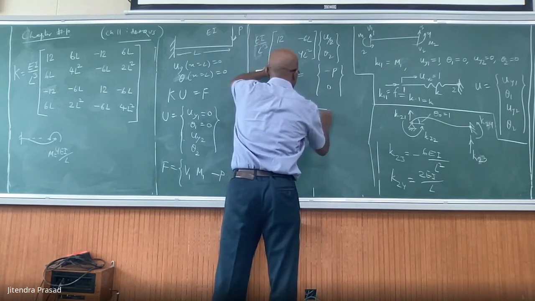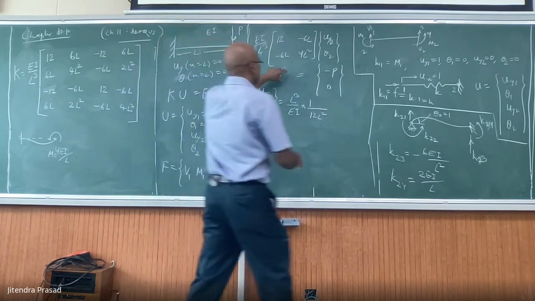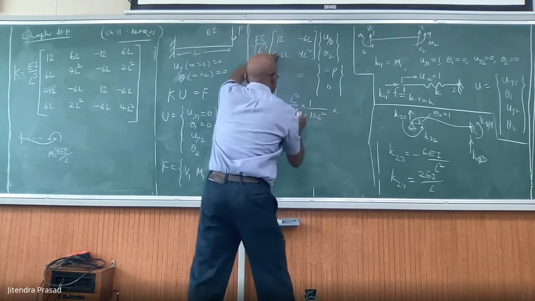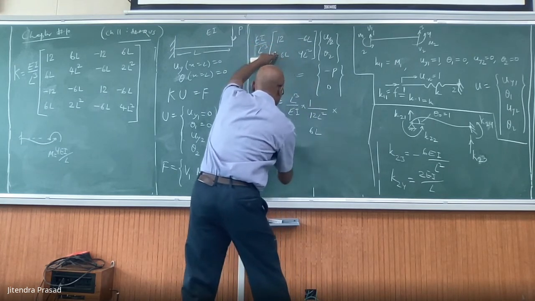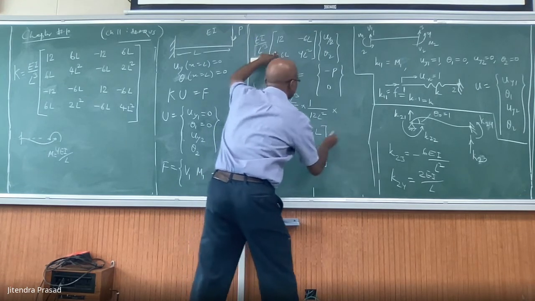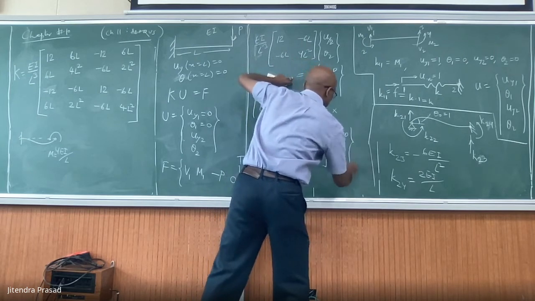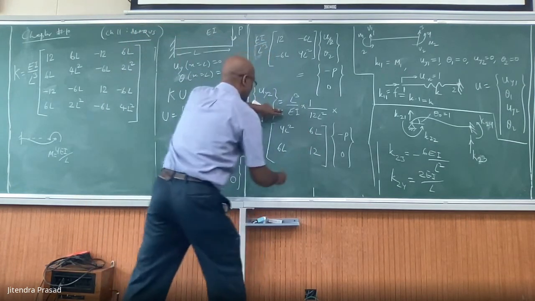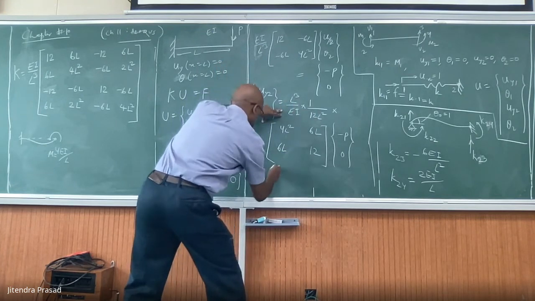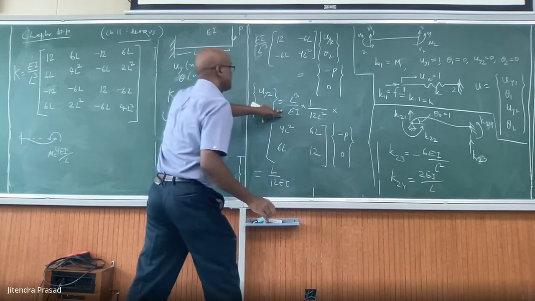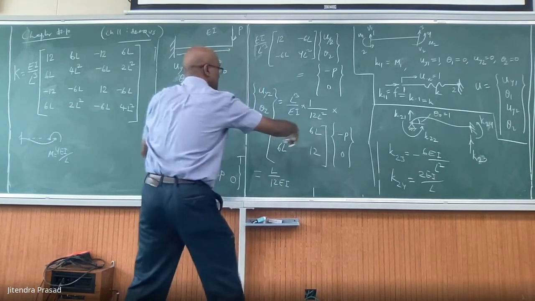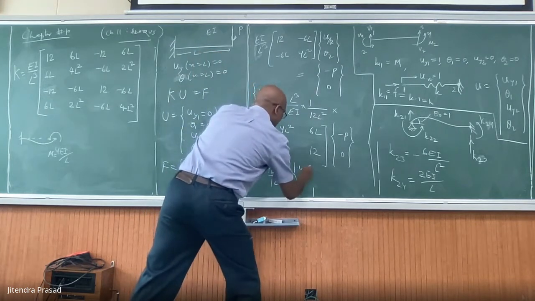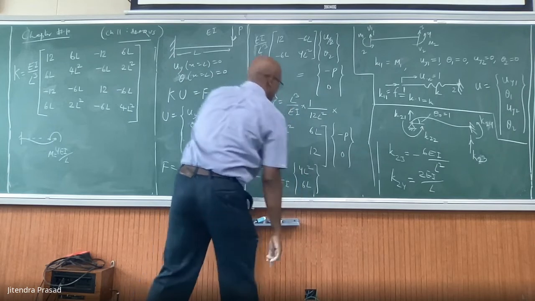L cube, L square, the determinant of that, multiplied by 4L square, 6L, 12, minus P. So simply we get L over 12 EI, and then you have minus P, so you can have minus PL, because this multiplies to both of them, and then you have 4L square and 6L. So that's what you get.